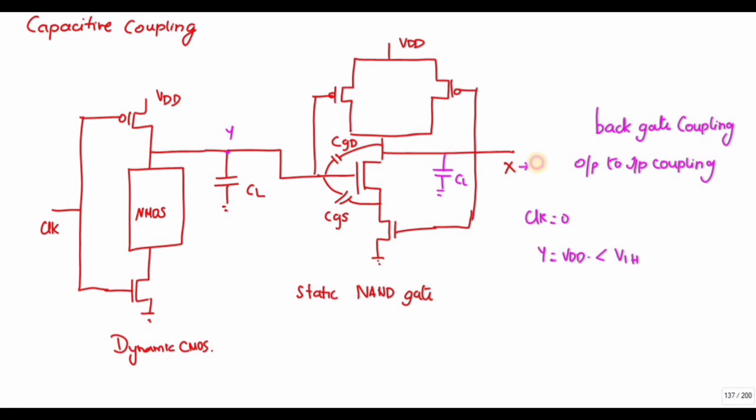So initially it is 0, since there is no charge, but since this value starts to reduce via this capacitance, it will tend to turn on this PMOS and will make this output transition from 0 to 1. So this will result in the incorrect output.